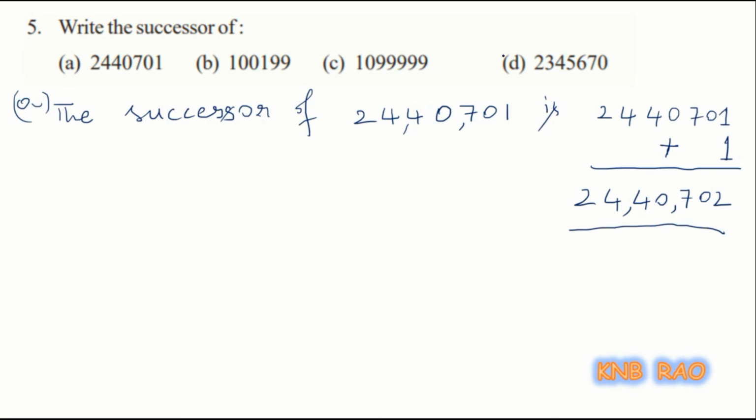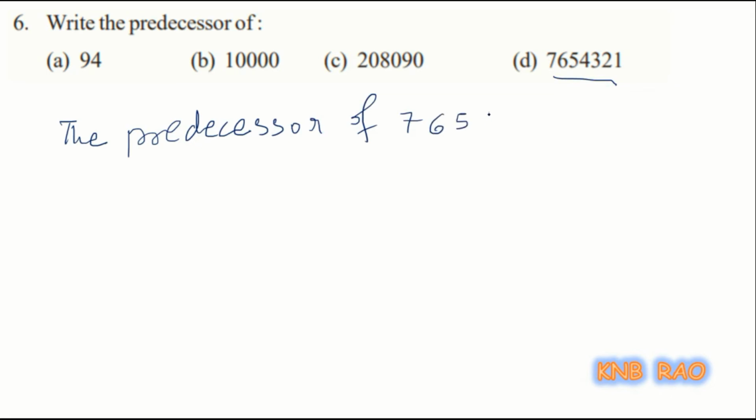Question number 6 is, write the predecessor of the following numbers. See children, here if you want to find out the predecessor, similarly you need to subtract 1 from the given number. So the predecessor of, let's say here I am taking the last one, 7654321.